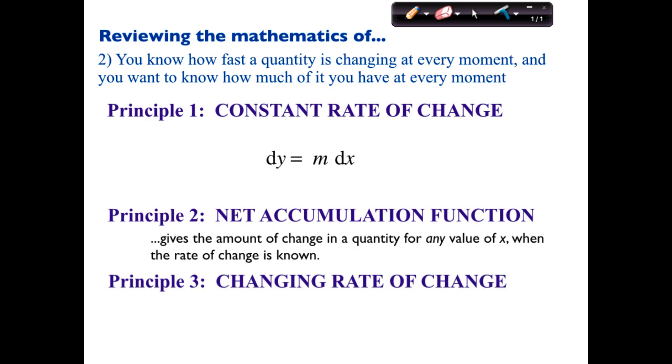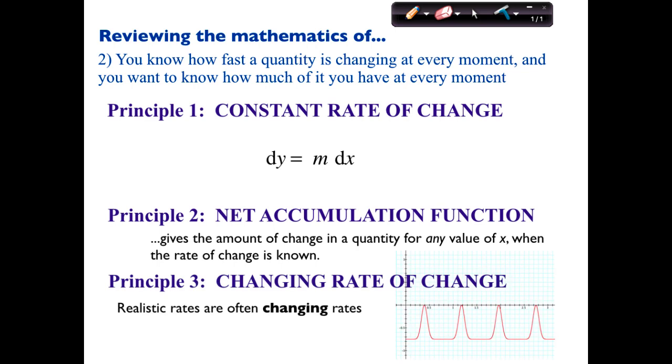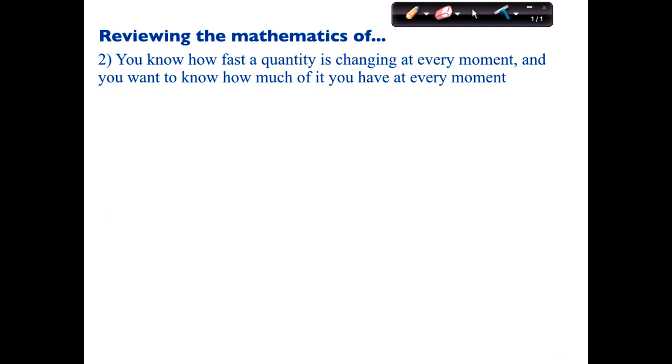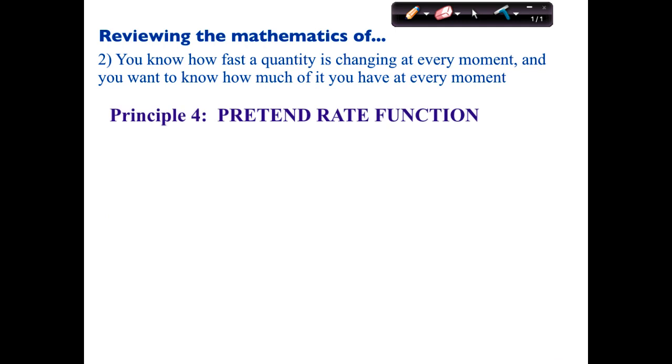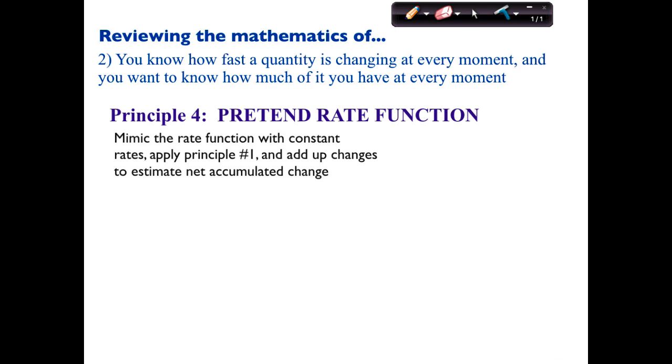And then we said realistic rates are changing rates. We started with a constant rate for the flag coming down, but we said it's more realistic oftentimes in life that the rate changes. So we built a pretend rate function. We're going to mimic the rate function with constant rates so that we can use dy equals m dx, right? That's based on constant rate.